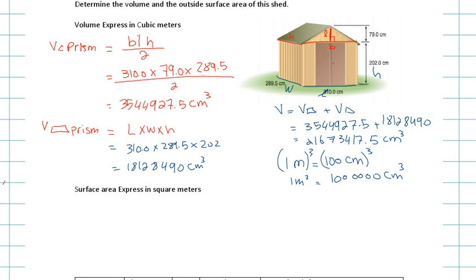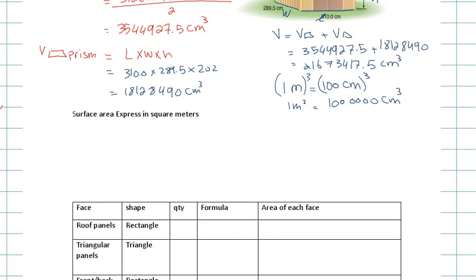Now if I place my answer under the centimeter cubed, cross multiply and divide, so I'm dividing by 1 million.